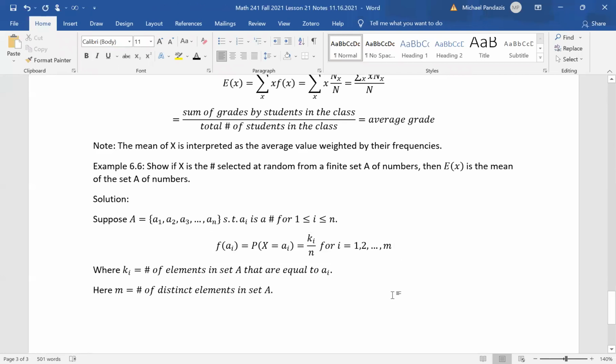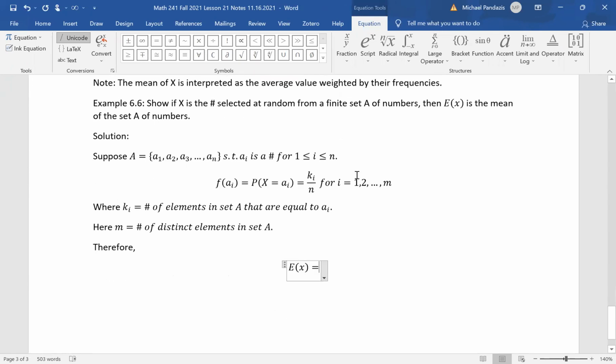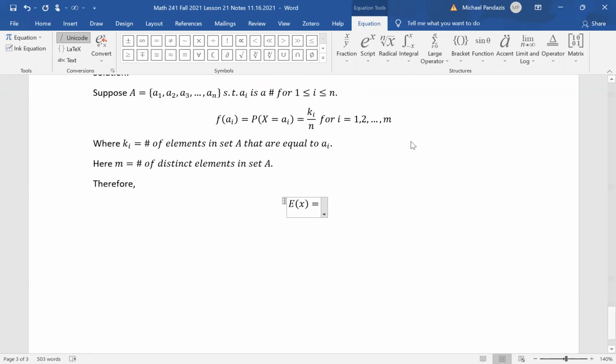Okay, so therefore, after all of that, the expected value of X is equal to the sum, because we have a discrete random variable, from i equals 1 to m of x sub i times f of x sub i.